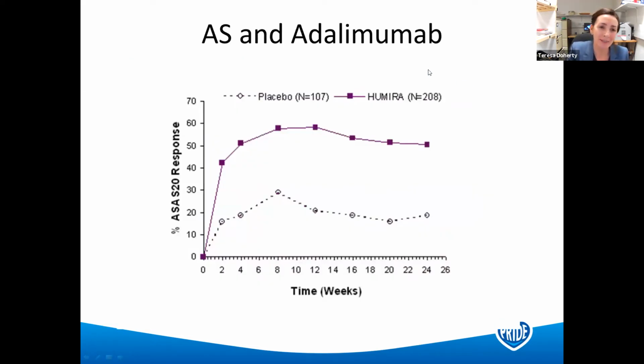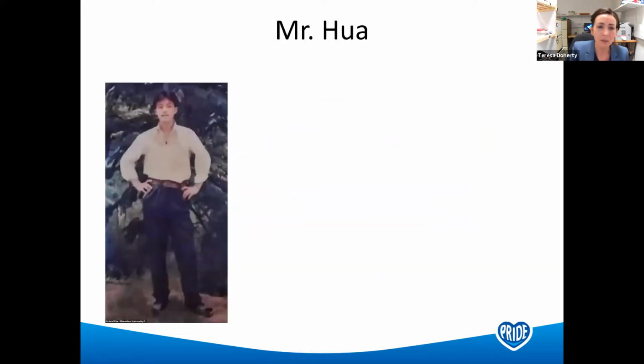So we're using biosimilars much more now than the original ones, but these are some of the early studies to show you the big difference in benefit between a biologic and a placebo, and a sustained benefit. We've got to get in there early before too much damage is done.